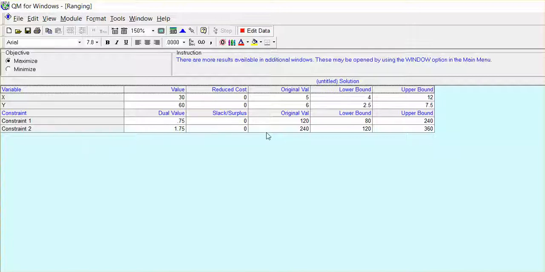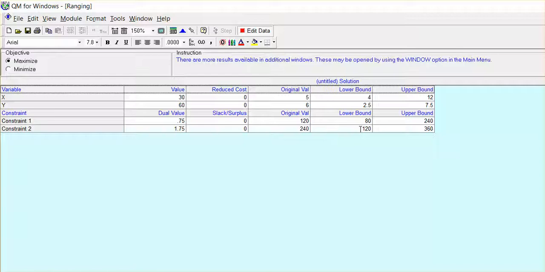Likewise for constraint 2, I got a 0 here. That simply means I've utilized everything, 240 hours, hypothetically. I've utilized it all. So in this case, if I would go to 241, you can see my boundaries: 240 is between 120 and 360. If I increase it by 1, guess what? I'll be making an additional $1.75.